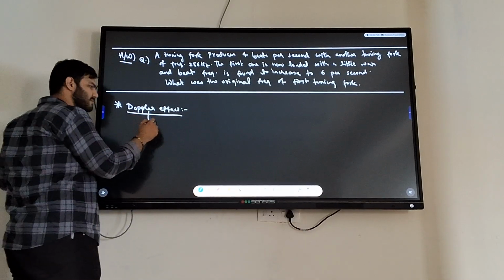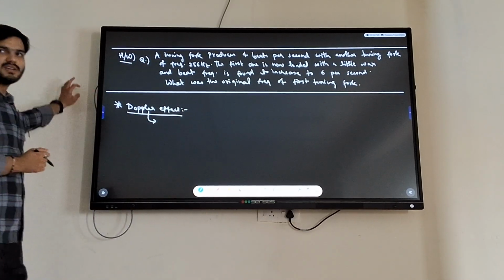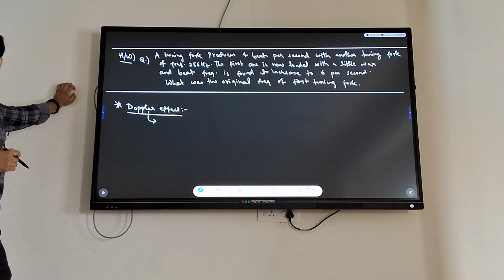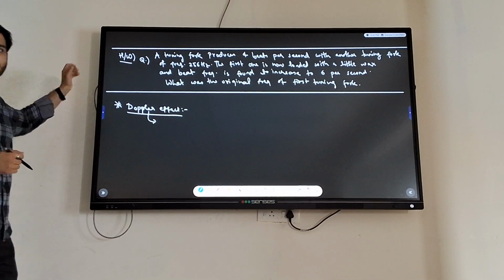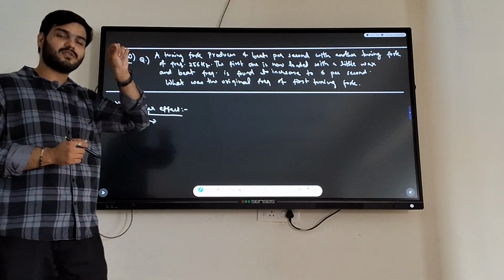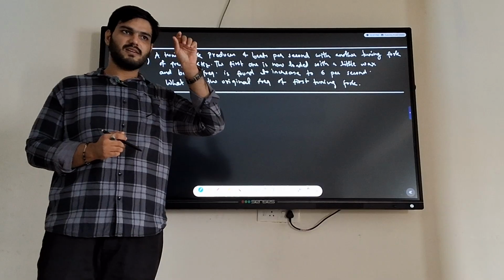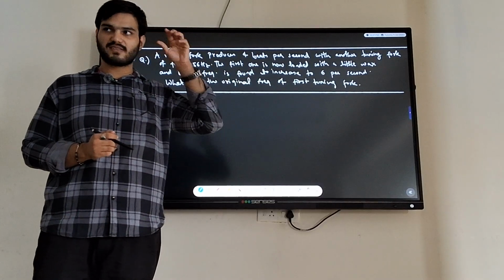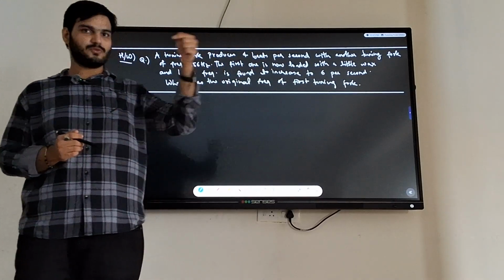So what is Doppler effect, by the way? Have you heard that when you are standing at some place and an ambulance is coming towards you, the frequency of the siren, how frequently you hear that beep beep sound, is much higher when it is coming towards you.